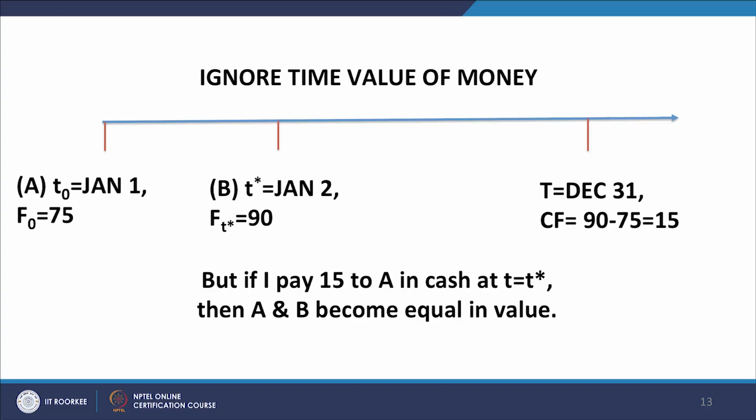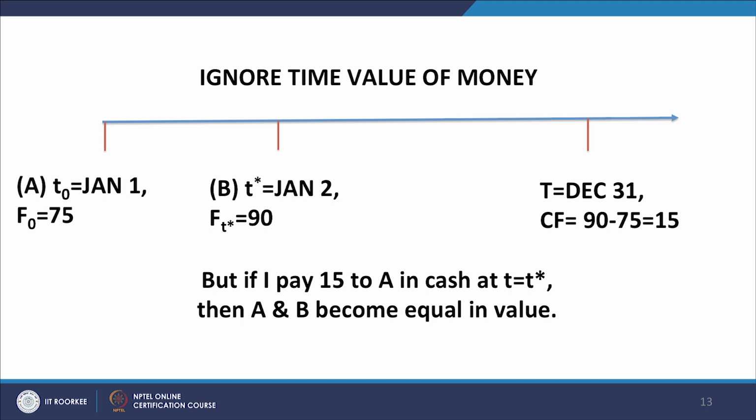So, let us repeat. On January 1, if you entered into a futures contract, you could get the underlying asset for 75 rupees. On January 2, if you entered into another futures contract on the same asset, you have to pay 90 rupees. Obviously, there has been an increase of 15 rupees.